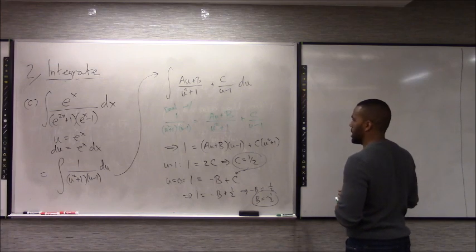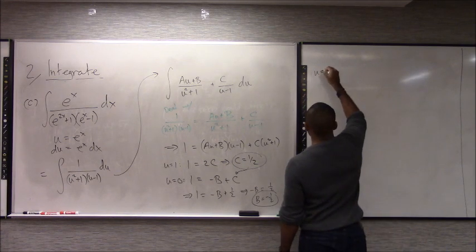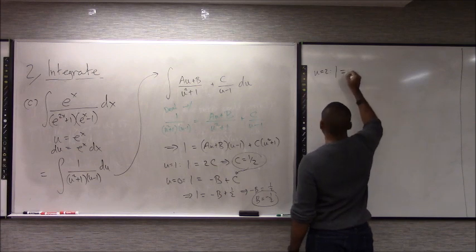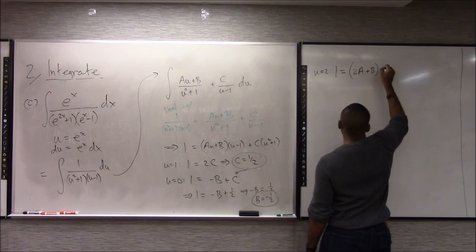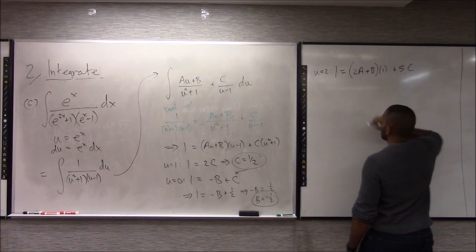And so now the only one to find is the a. Maybe plug in something else like u equals 2. And if u equals 2, I would get 1 equals 2a plus b times 1 plus 5 times c.